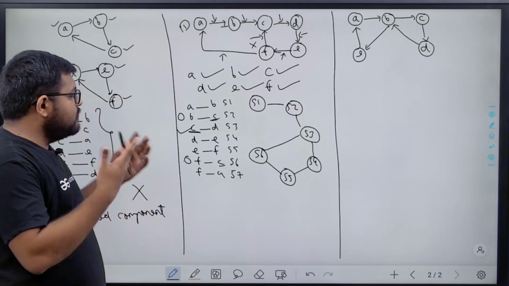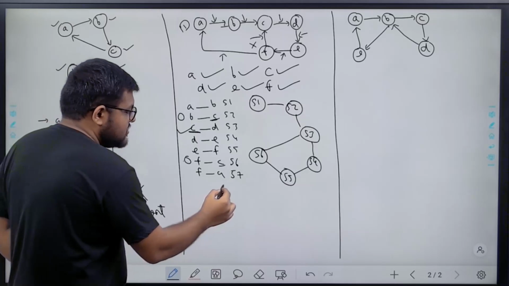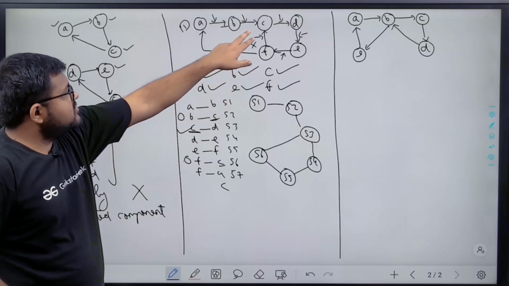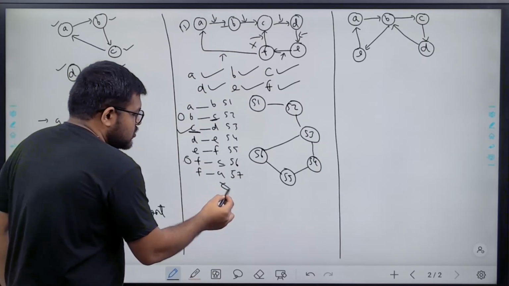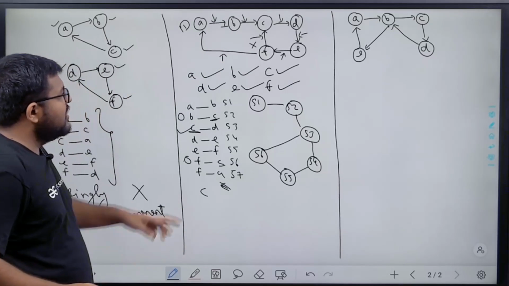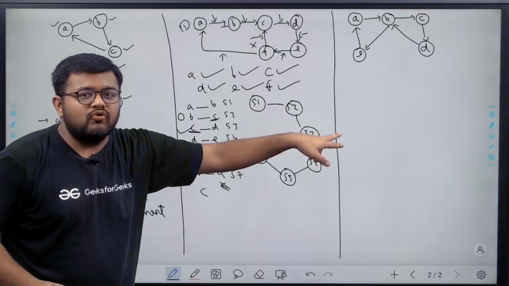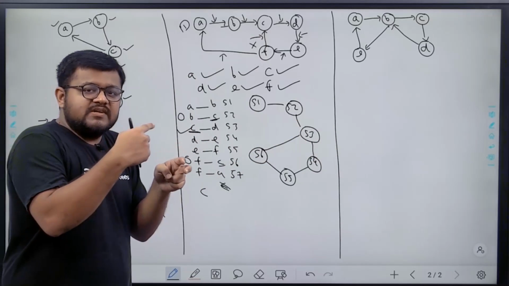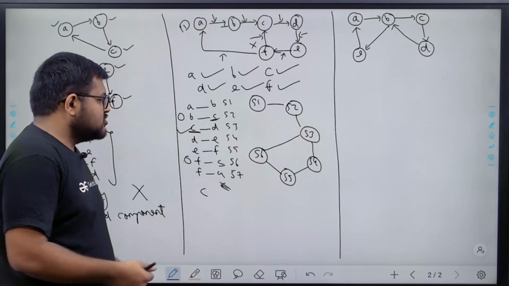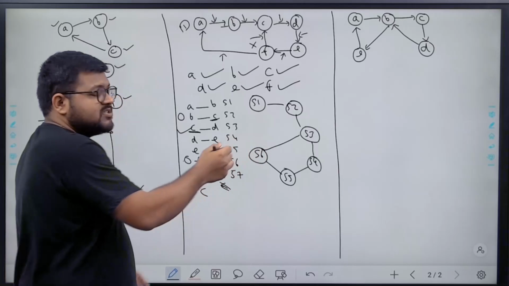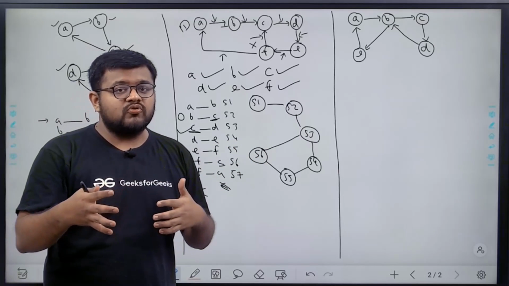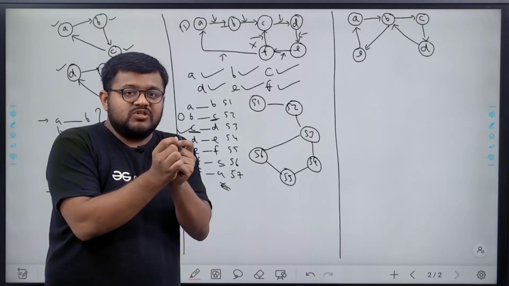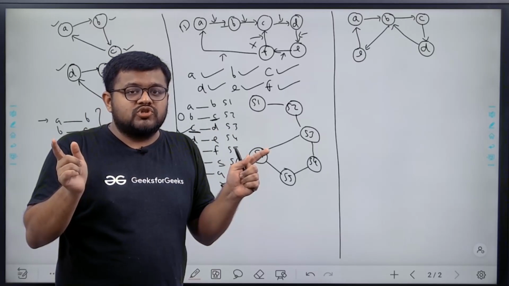If there was one more string with starting character C, then C would have one more outgoing edge. So its incoming edges are 2 and outgoing edges are 2. So I would be able to connect S6 with that another string. Now you get the point why the incoming edges should be equal to the outgoing edges, because every string can be connected to exactly 2 strings, right?